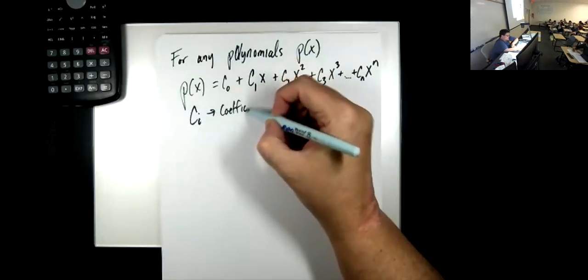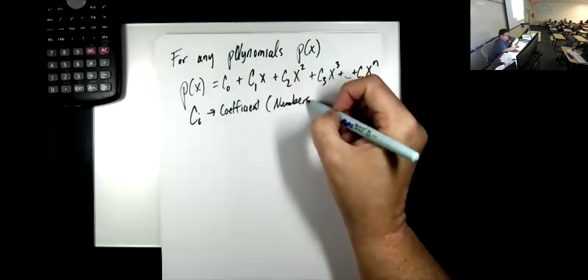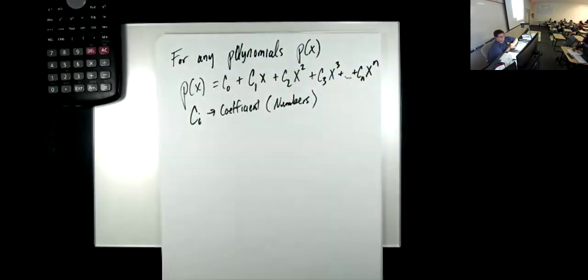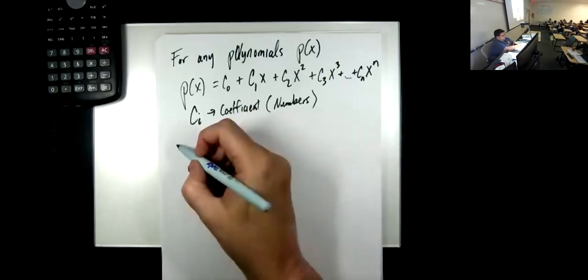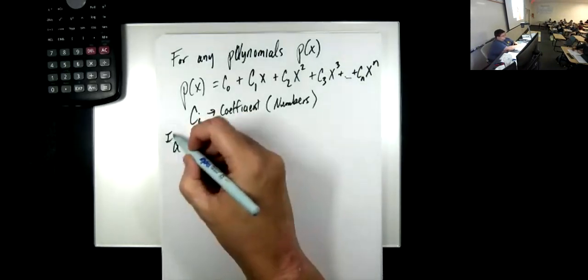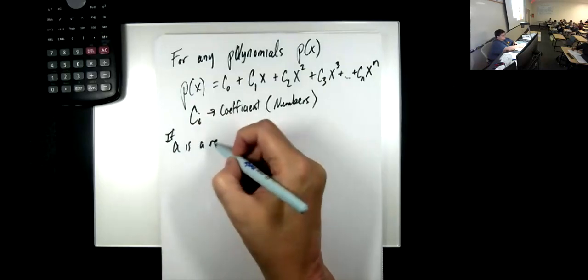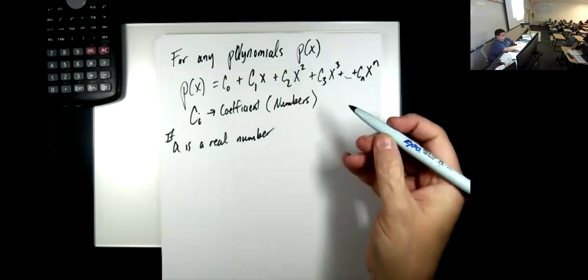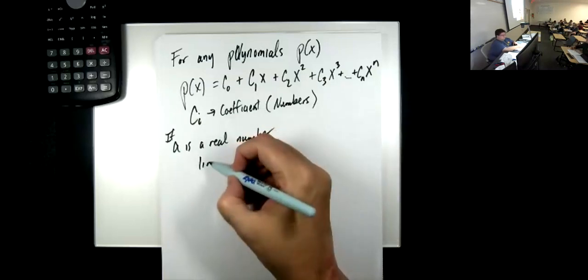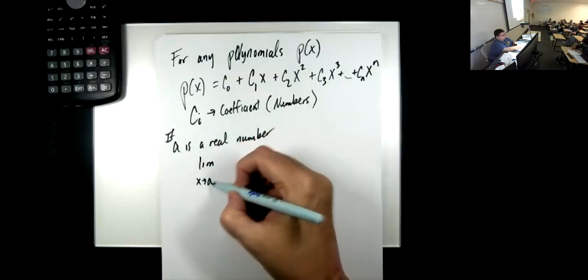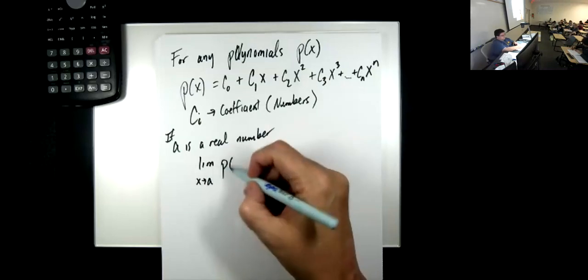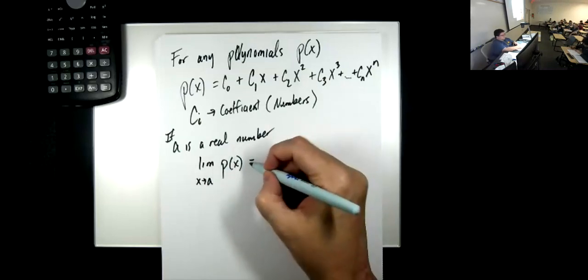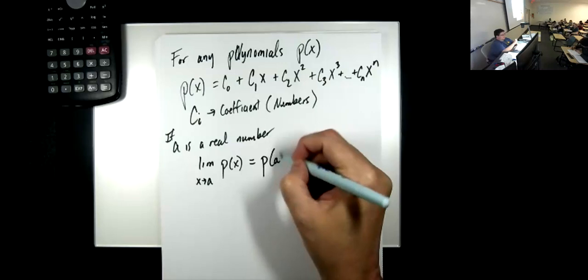These are numbers. If A is a real number, the limit as x approaches A of P of x equals P evaluated at A.